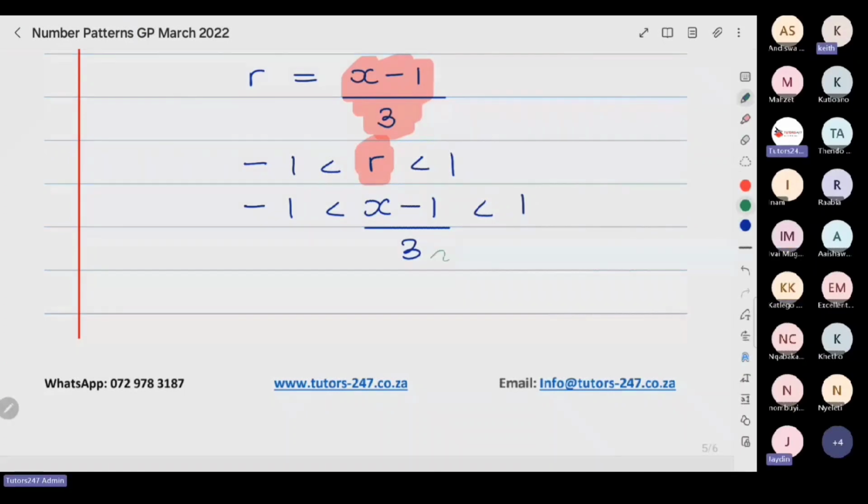Am I going to cross multiply the 3 to the right or to the left, or both? Yes, it's going to be -3 less than x minus 1 less than 3. You said less than 3, so you're also putting it on the right, on both sides? Yes, you multiply.